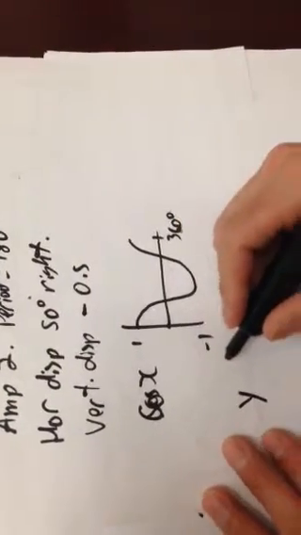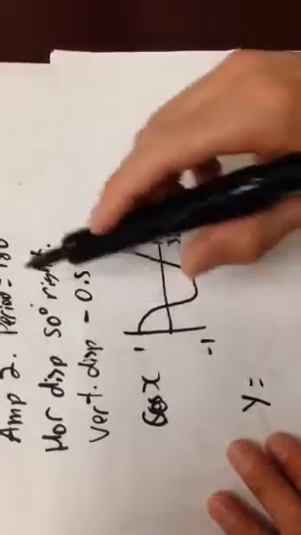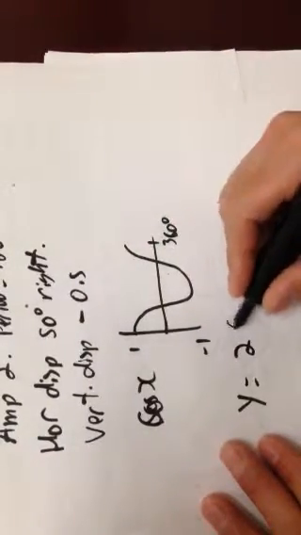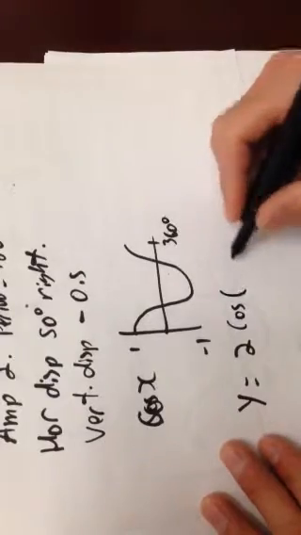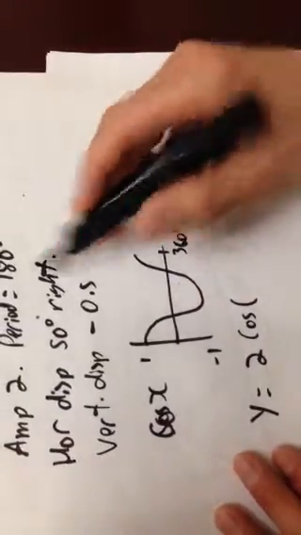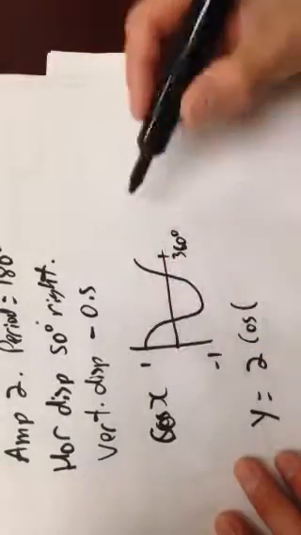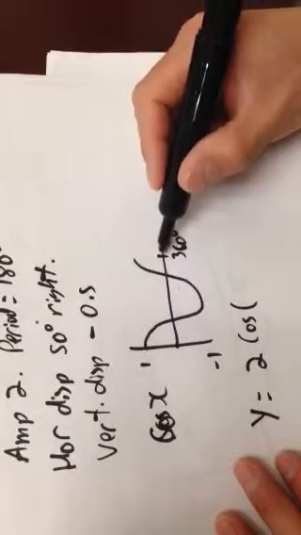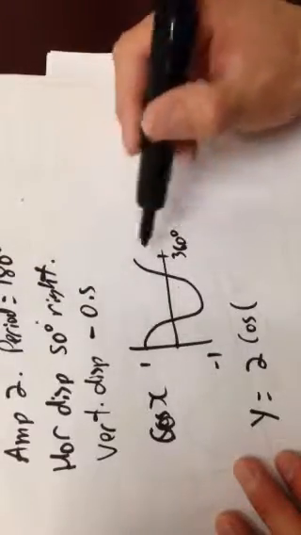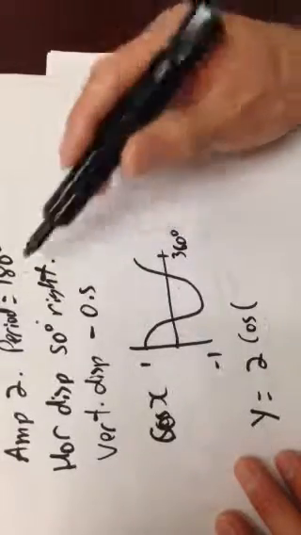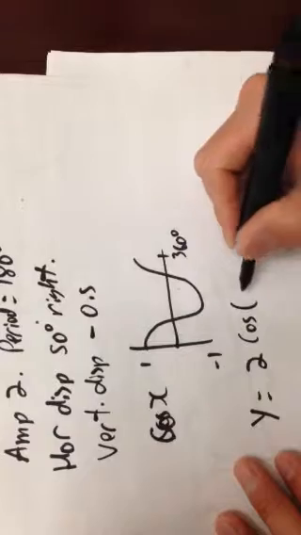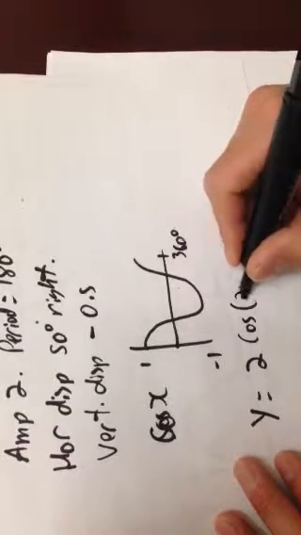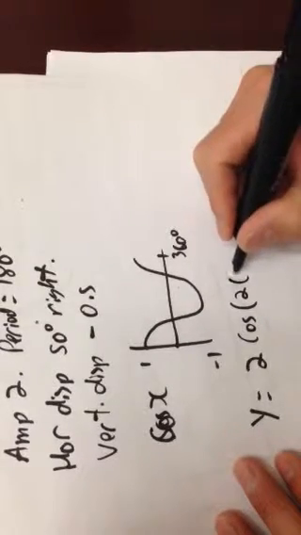To write down the equation, I'm going to start out by saying that we have an amplitude of 2, so it's y equals 2 times the cosine, and now I need a number here that's going to give me a period of 180 degrees. Remember, by default, cosine of x has a period of 360 degrees. I want to divide 360 by 2 to turn it into 180. So that's going to be the number 2 that gets multiplied by our independent variable.